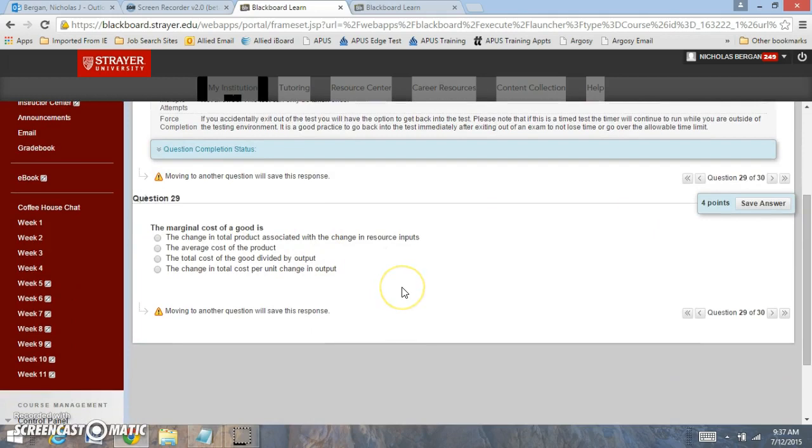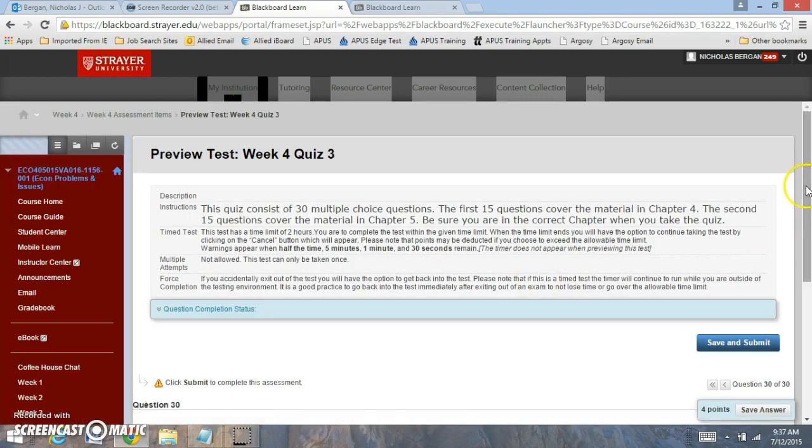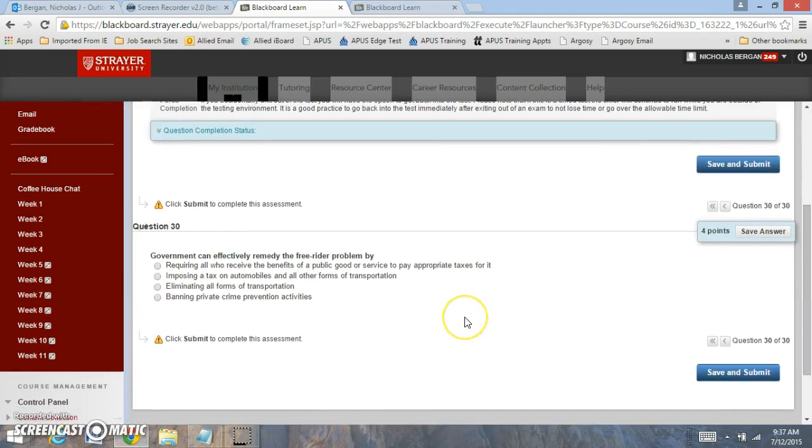Marginal cost of an activity is the change in total output, total cost. Free rider problem is when you get people to consume for what they did.